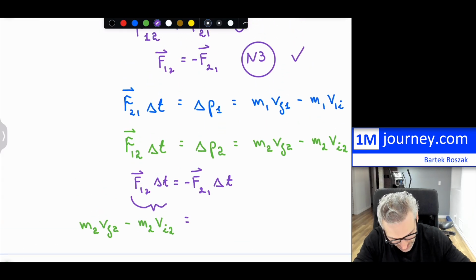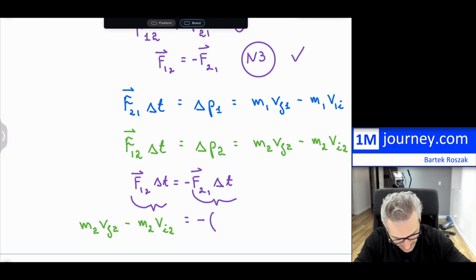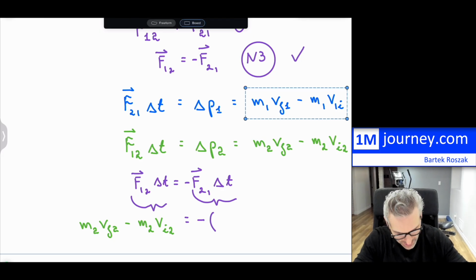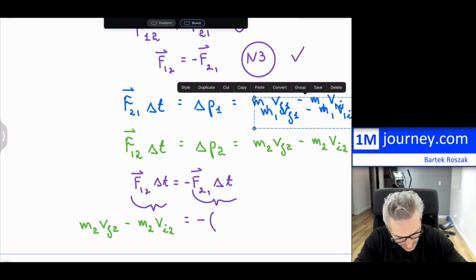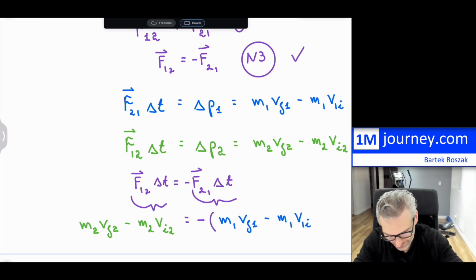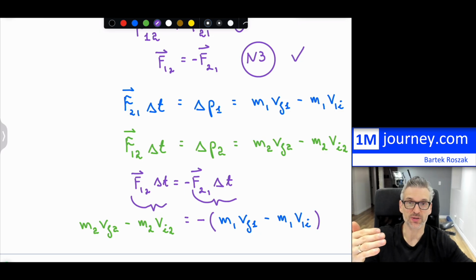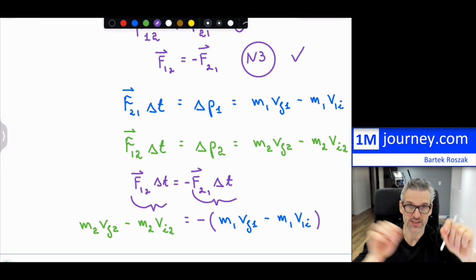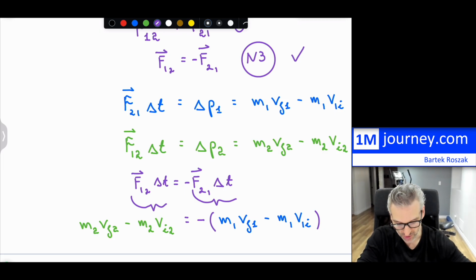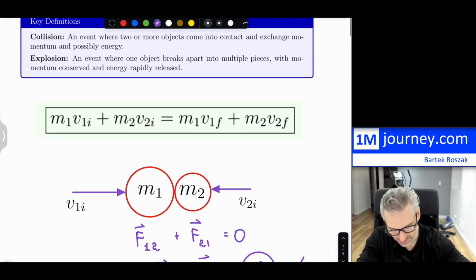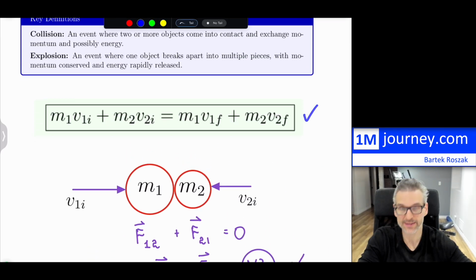And then this is equal to, and notice that this right here, except it's negative. So I'm going to put this in brackets in here. That would have been this right here. So if I take that over, I'll duplicate it in and put it in right there. So this is what we would have. Now, if you distribute the negative, and then you switch the sides and do the algebra, you'll notice that you will get your conservation of momentum right back.